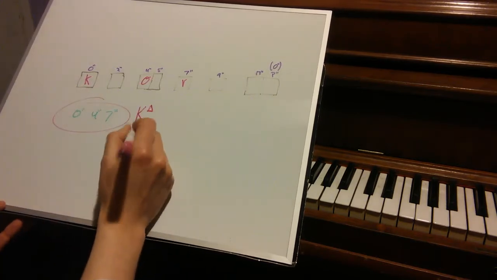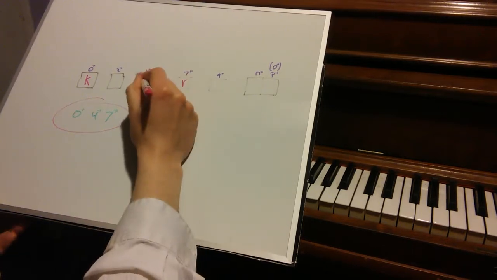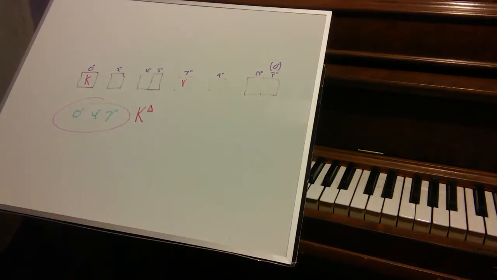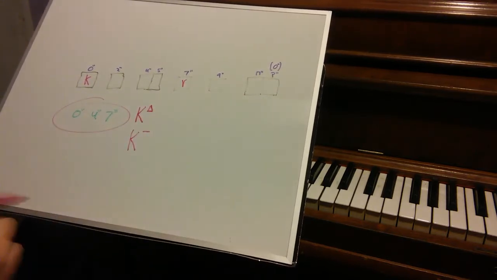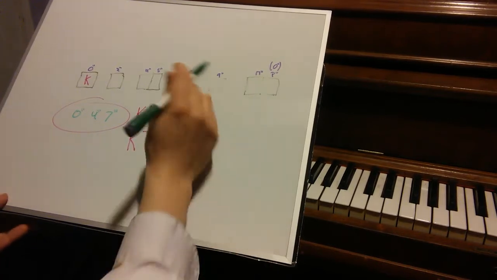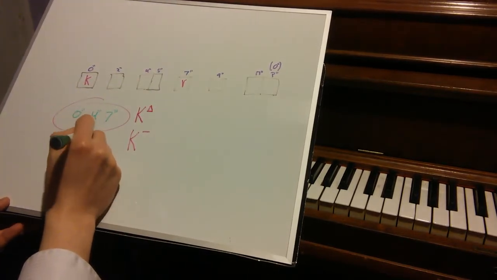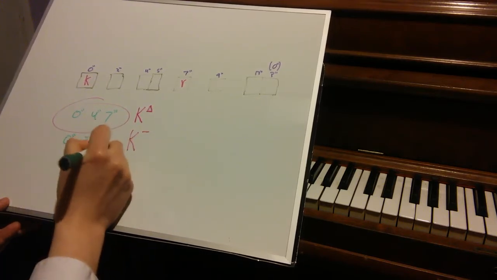Now the next symbol, and I'll do this all in K, I guess. That'll probably be best so you can see the difference here. The next one is K minor, minus sign for minor. 0, 3, 7.